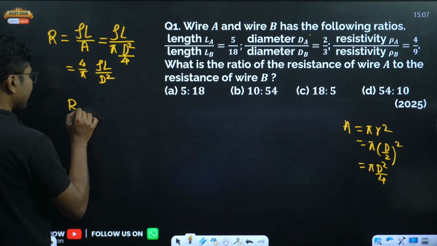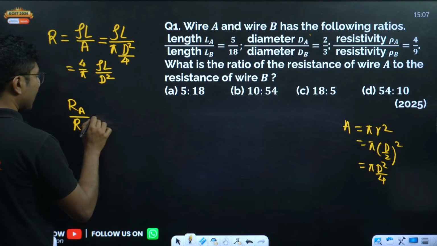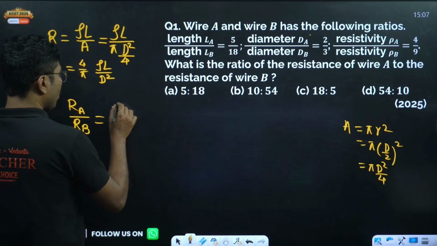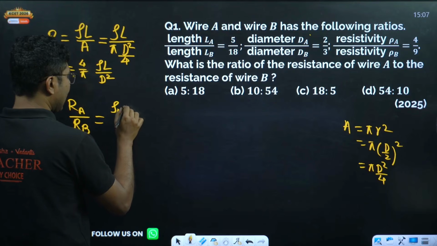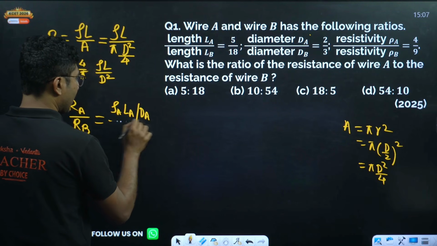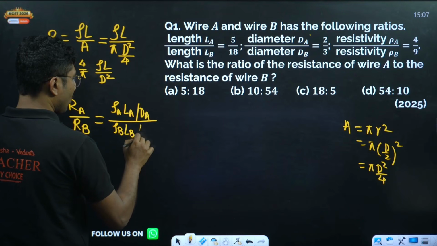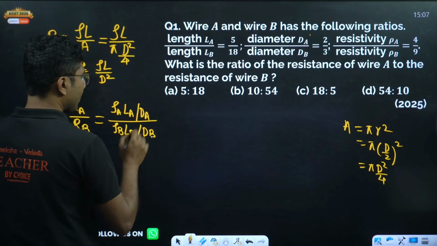So if you take the resistance RA divided by RB, what you will get? You will get rho A LA divided by diameter A squared, and whole divided by rho B LB whole divided by diameter B squared, right?